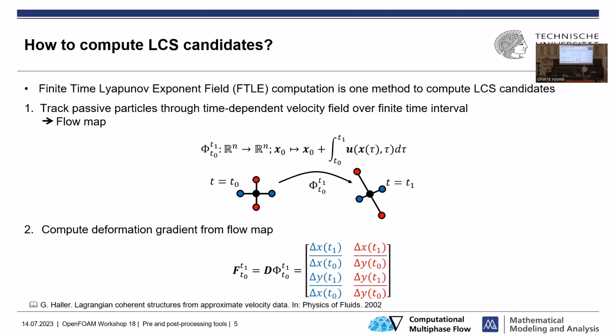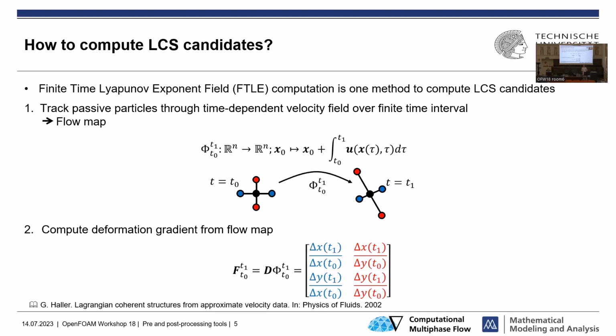So how to compute such LCS? There are multiple methods. They are mostly the same, but different in some ways. And the one we implemented or used was the finite time Lyapunov exponent computation. This computation uses these steps. The first one is that you have to initialize a grid of Lagrangian particles that you then have to track through your evolving velocity field.